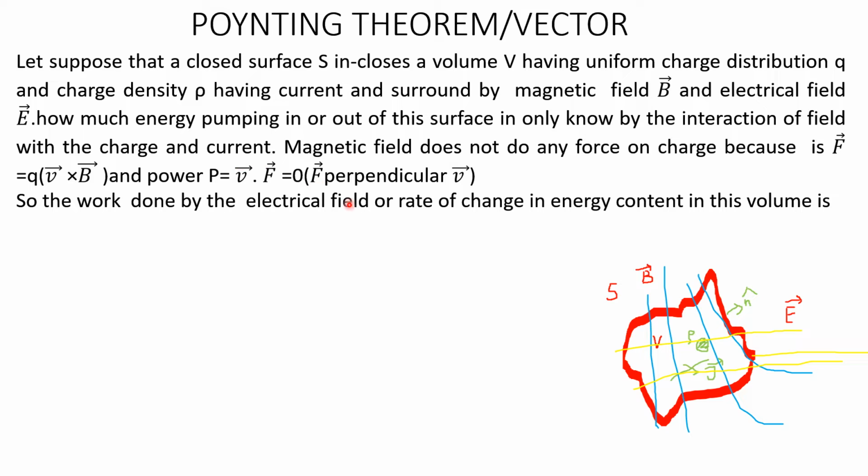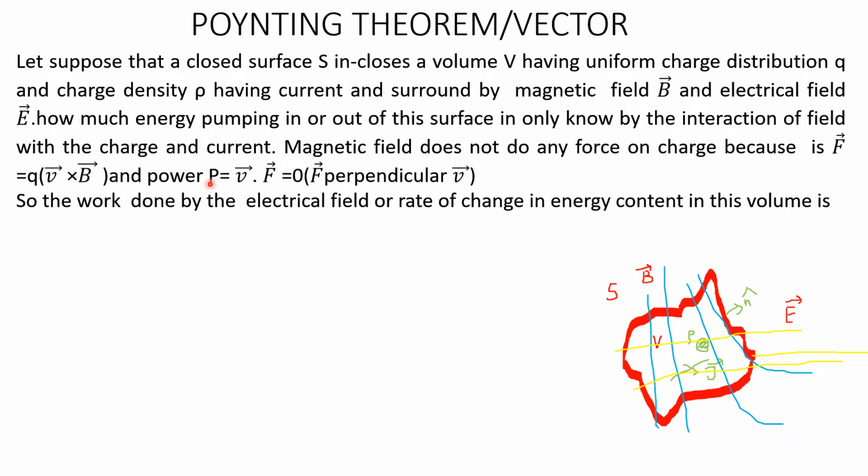Now, the magnetic field doesn't do any work on this charge. Why? Because as we know, when a magnetic field applies a force on a charge, that force is perpendicular to the velocity, and when we calculate the power or rate of work, it becomes zero. How?